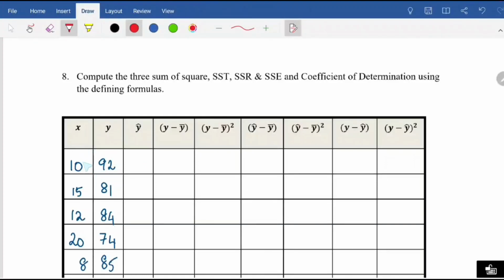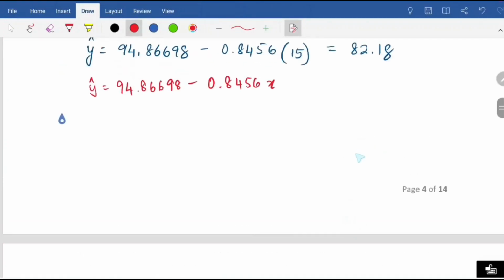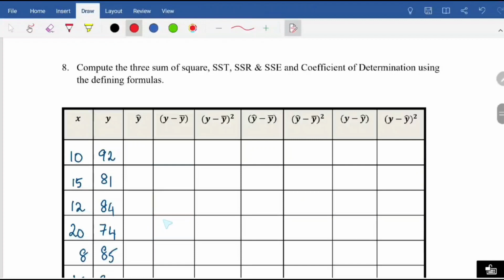So you'll have to plug in all these x values one by one into the equation that you got previously, come up with the y hat values, and then go through this table column by column. The y hat values we already calculated when we were coming up with the regression equation, and it's just the y hat values that you need here, and then go through the process.